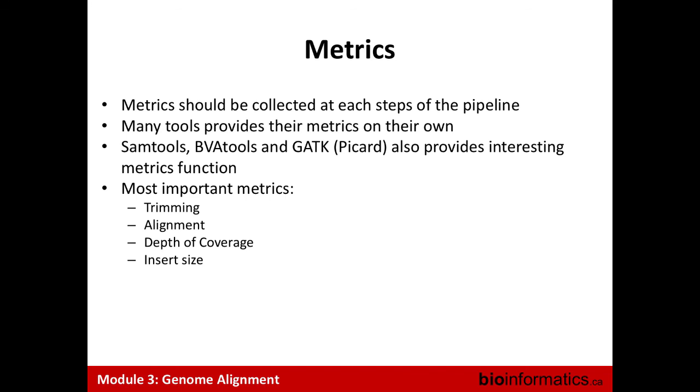So did I have 50x in general, and how homogeneous is the 50x along the genome? This is good information about the quality of your experiment. And fourth, the insert size, because when you do your shearing, you target a size, and if you see a completely different insert size, probably something went wrong in your library preparation. So metrics, really important.